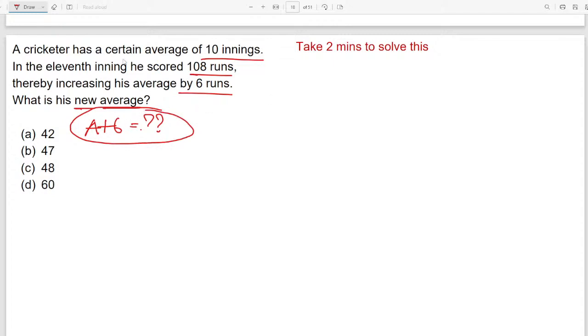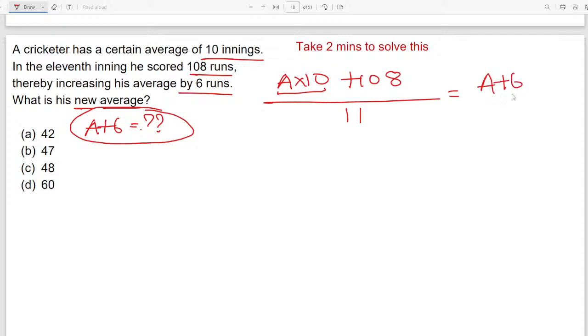So let the old average be A. For 10 innings, the total runs was A into 10. In the 11th innings, he scored 108. So 10A plus 108, divided by the total number of innings, 11, is equal to the new average, A plus 6.